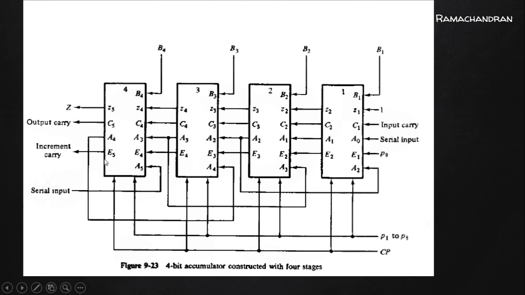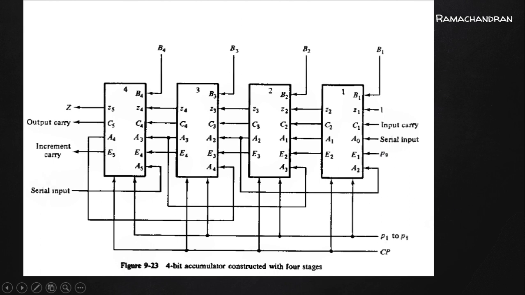Okay, and finally this E5 indicates a carry value after the increment operation. So in case of increment operation, this control variable is given only to the first stage.